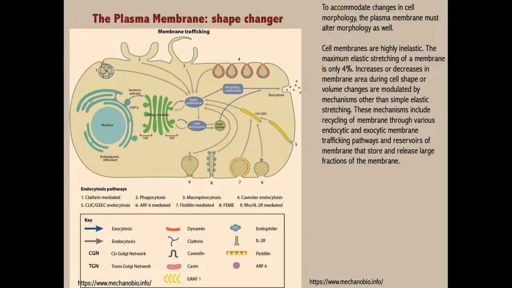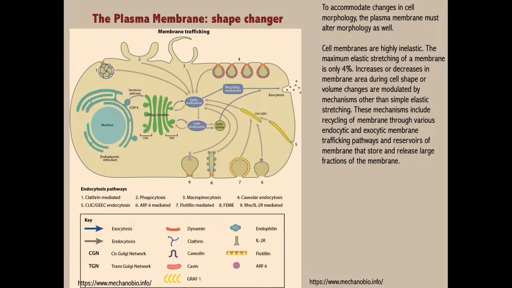The reason we're a little obsessed with the plasma membrane is that at the scale of the cell, it's one key element that allows shape change. You already saw the neutrophil change its shape by putting out these protrusions.